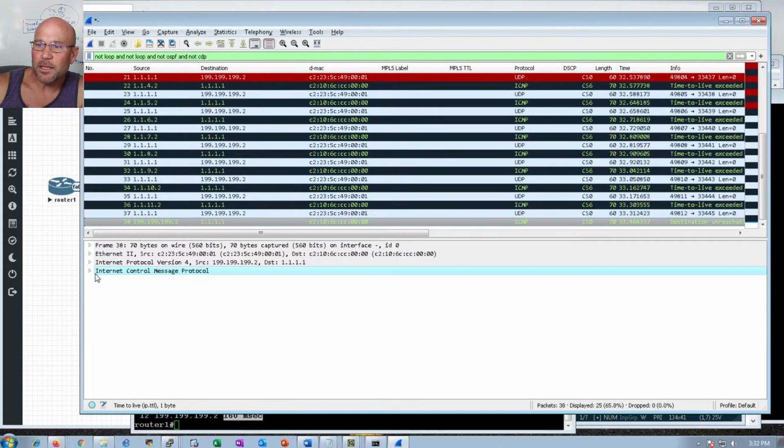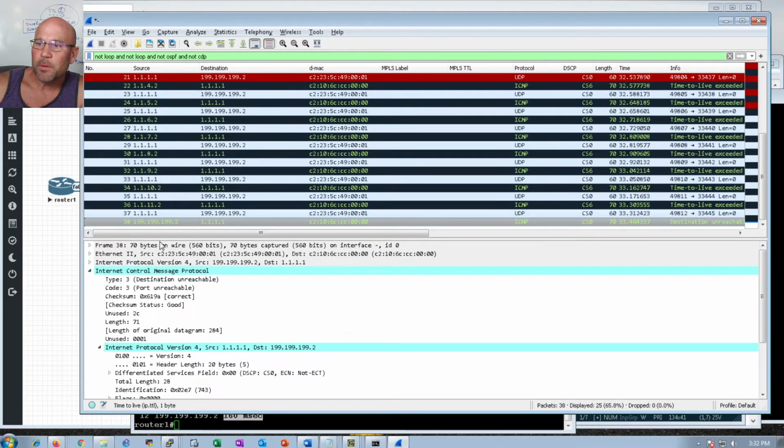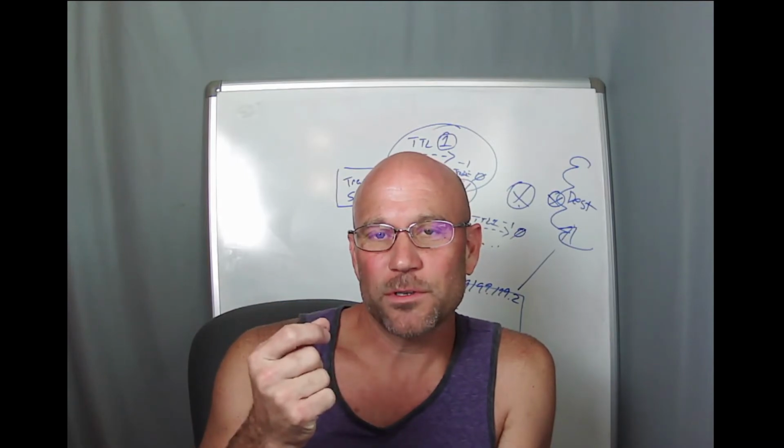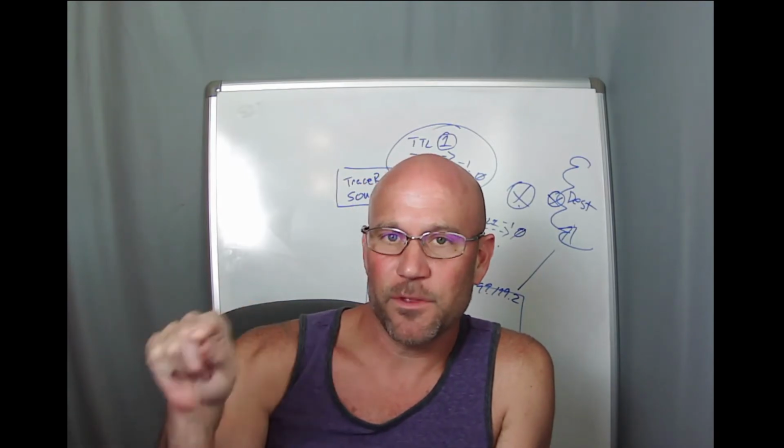When you look in the IP layer, you have ICMP, but it's no longer a time to live exceeded. It's an ICMP type 3 code 3. Destination unreachable, particularly port unreachable. So it's referring to the UDP packet and that port number in the UDP packet for the destination.